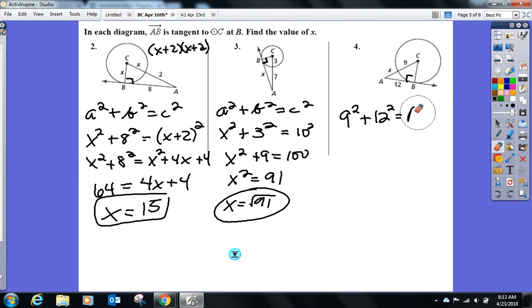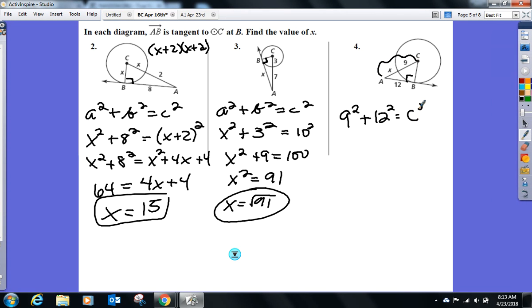Instead of doing that, why don't we just call the whole hypotenuse c squared? Because once you find the whole hypotenuse, what can I just do at the end of the problem to find x? Subtract 9 from it. And I think that's a little bit easier than doing x plus 9 times x plus 9, then trying to factor it at the end. So everyone all right on my plan? Just find the whole entire hypotenuse and subtract 9 from it.